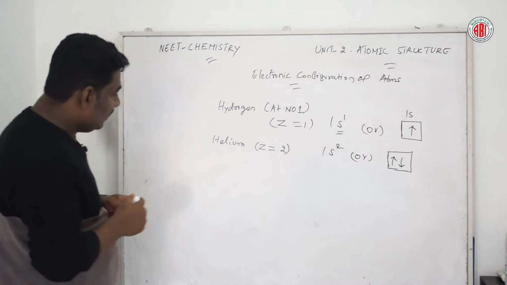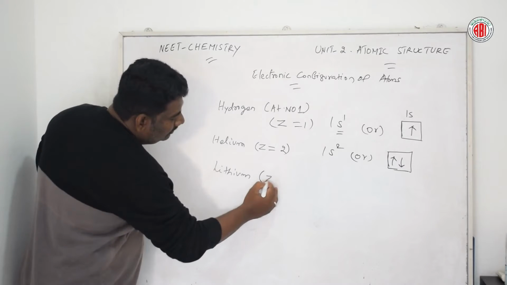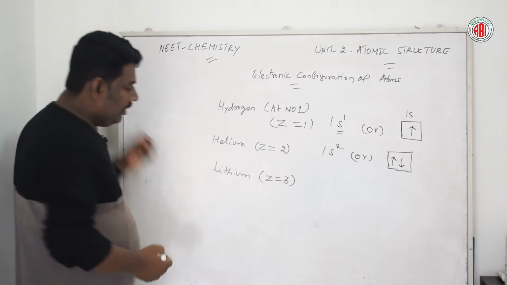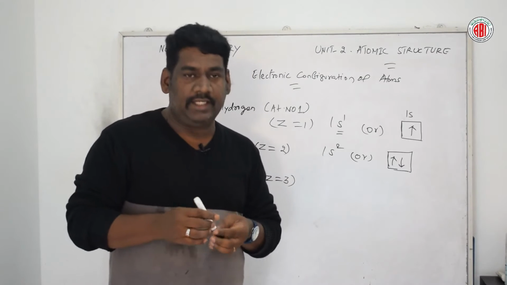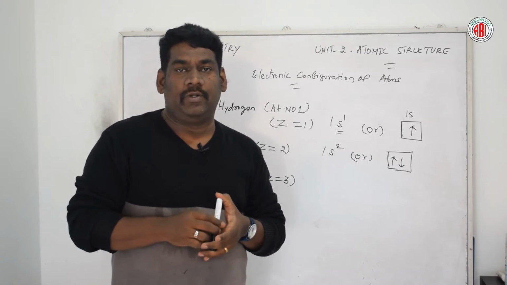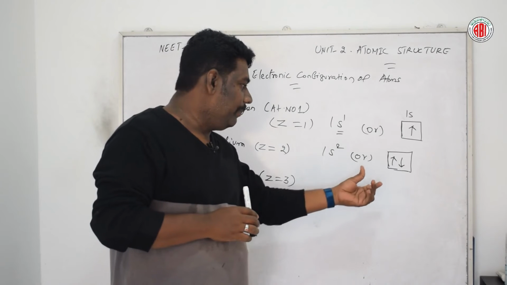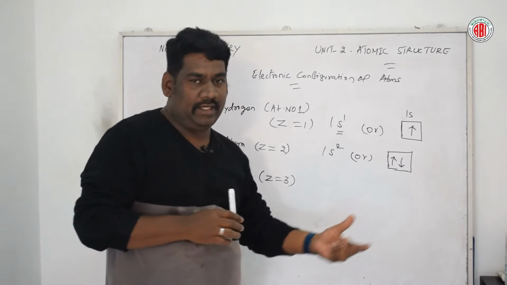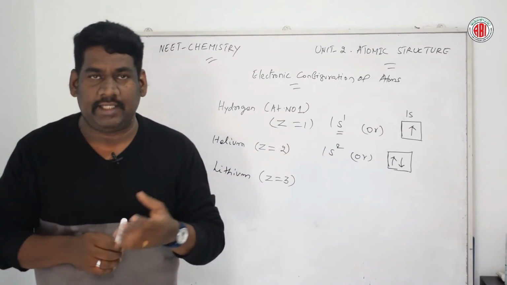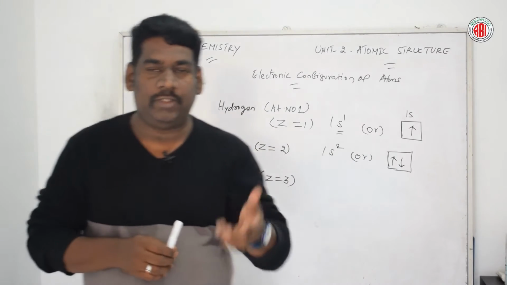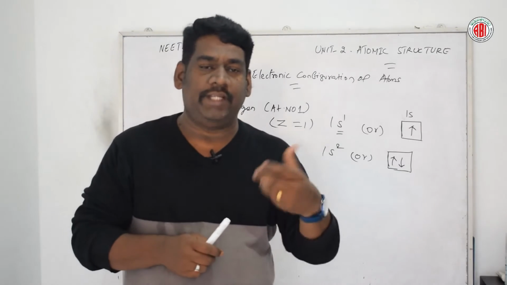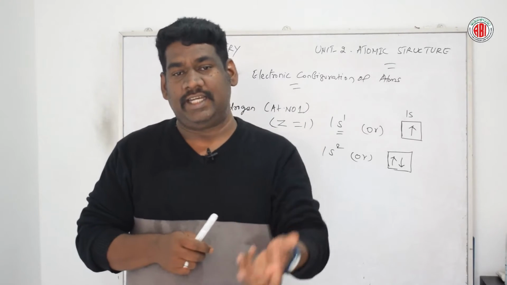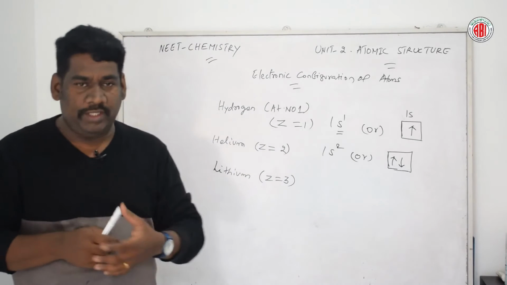Next, lithium, Z is equal to 3. For the electronic configuration of lithium, the 1s orbital can accommodate only 2 electrons, and no more than 2. That is the reason the third electron must go into the next lowest energy orbital, the 2s orbital.